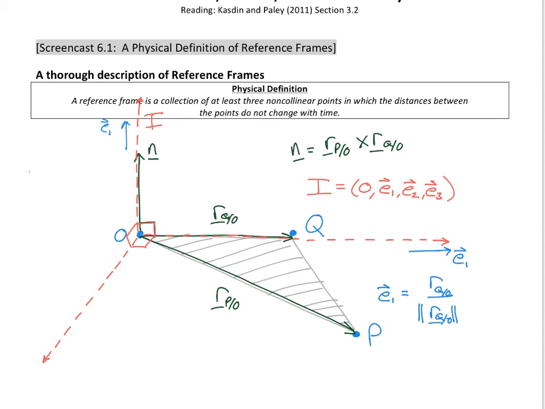And so if it's along the direction N, to make this a unit vector, E sub 2 is going to be the vector N divided by the magnitude of the vector N. And we know that N is equal to the cross product of RP with respect to O cross with RQ with respect to O. So this ends up being RP with respect to O cross with RQ with respect to O, divided by the magnitude of that same cross product.